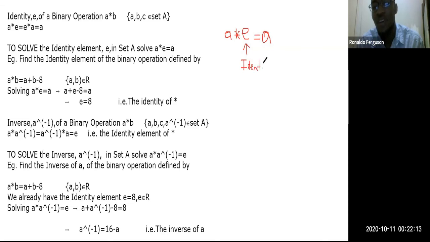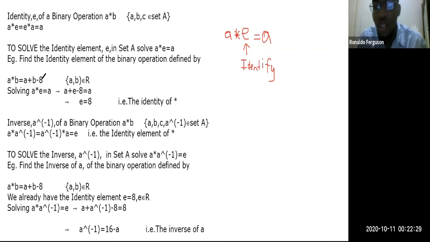And that's how you find the identity of a binary operation. So for example, it gives us an example, A star B is equal to A plus B minus 8.